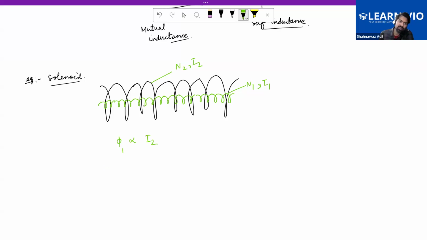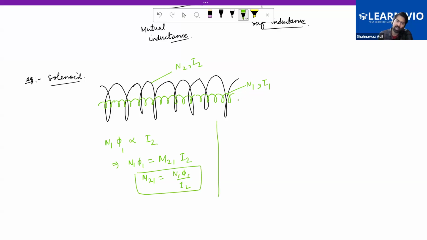And because we have N1 number of turns, N1 phi 1 would be proportional to I2. If we remove this proportionality, we get the constant M12, which is due to 2 in 1. So this mutual inductance would be equal to N1 phi 1 divided by I2.